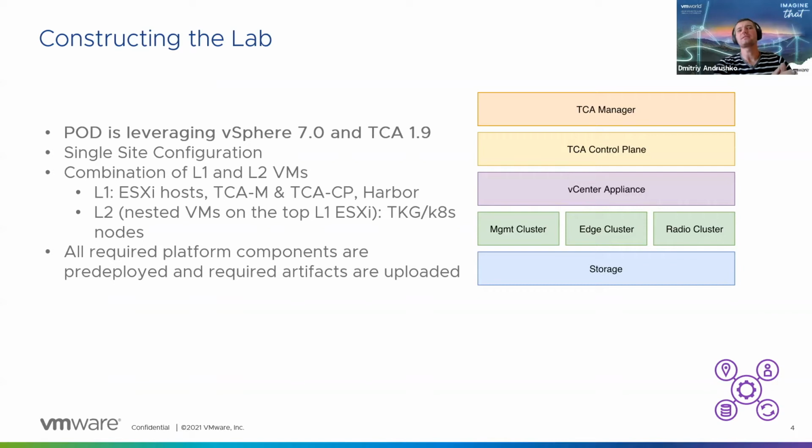The first layer is the infrastructure used for this lab, namely the ESXi host, TCA components, and supporting VMs. Then during cluster deployment, we have an additional level of nesting where we run our Kubernetes clusters. The good news is that all these components are pre-deployed, so you shouldn't worry about deployment and configuration. They are already available for you as is.